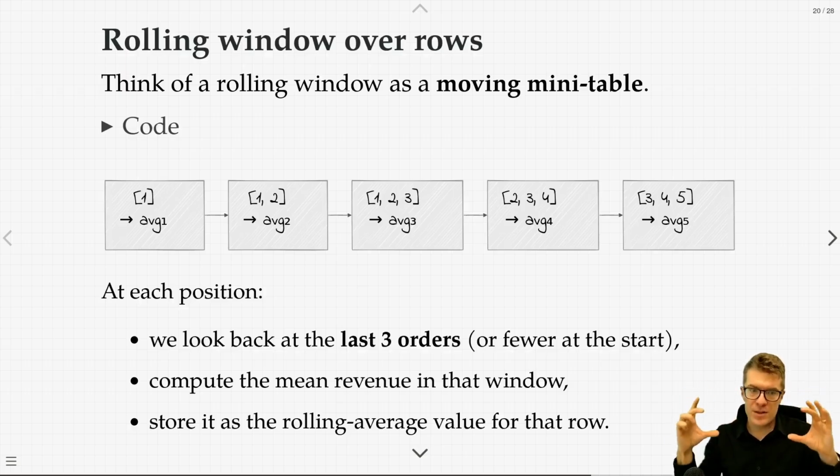At every position of this window, I will look at the 3 orders, or fewer, as I mentioned before, and I'm going to compute just the mean within that window, and store it as a rolling average. Okay. Again, in case this wasn't clear, real data can fluctuate very noisily. There can be all kinds of things. Maybe there happens to be an event one day, like a big conference or something like that.